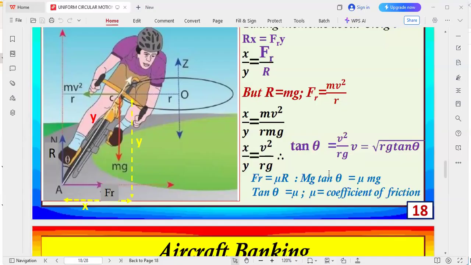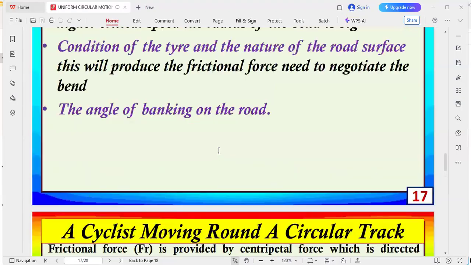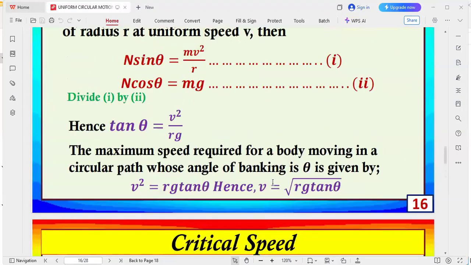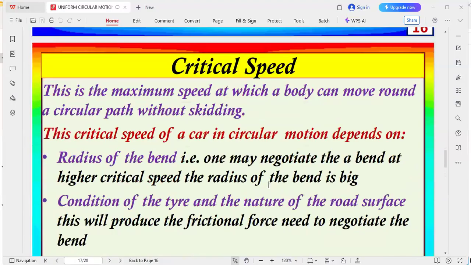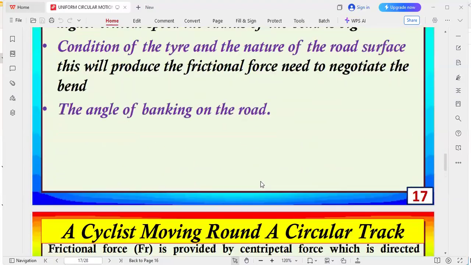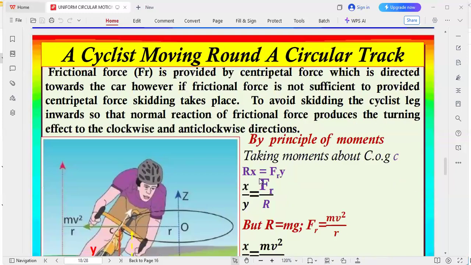So what you need to know from here are two things: v equals the root of rg tan theta, and tan theta equals the coefficient of friction. Also know how to define critical speed. The rest you will not be examined on.